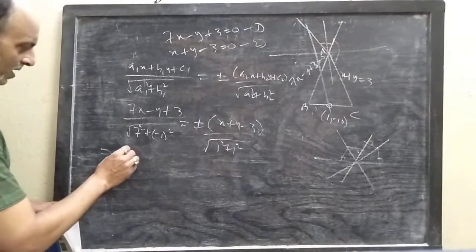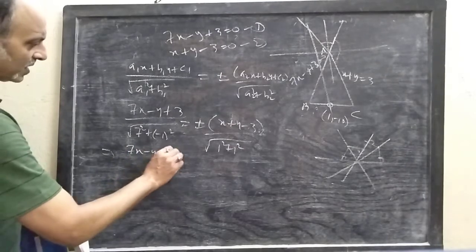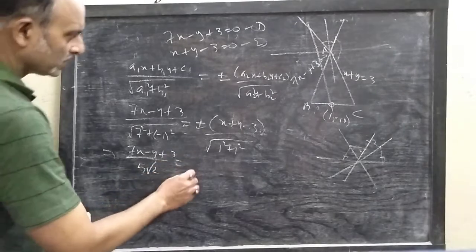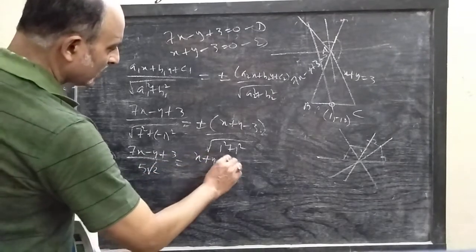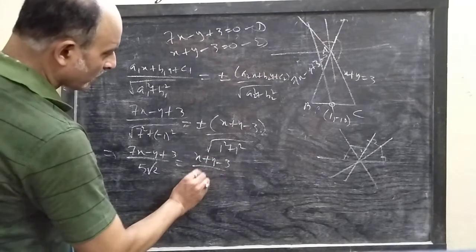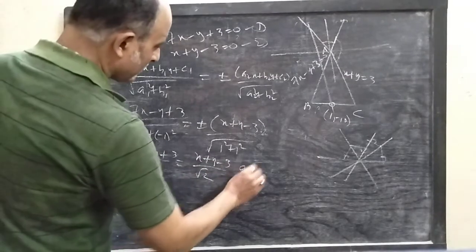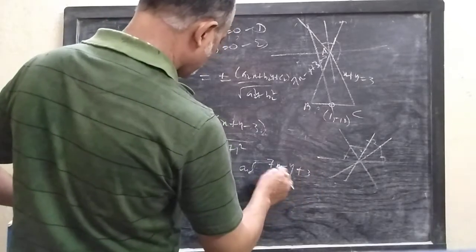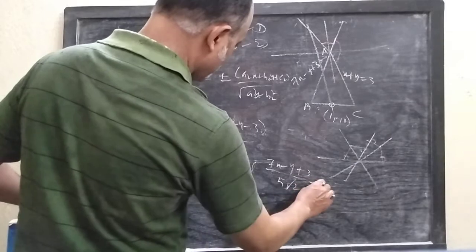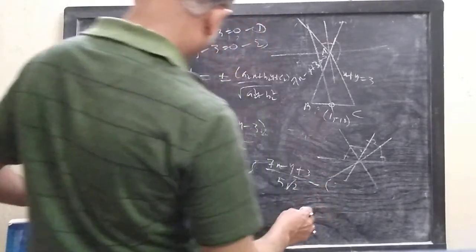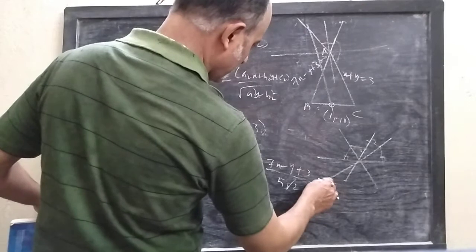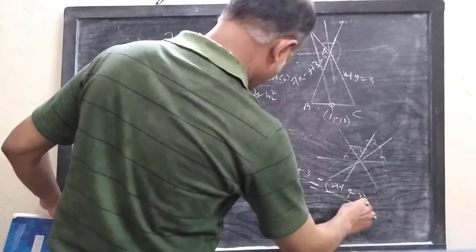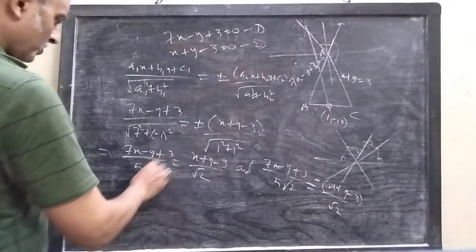So considering the plus sign, we have (7x minus y plus 3) divided by root 50, that is 5 root 2, equals (x plus y minus 3) divided by root 2, and the other equation will be with the minus sign. Root 2 cancelled.